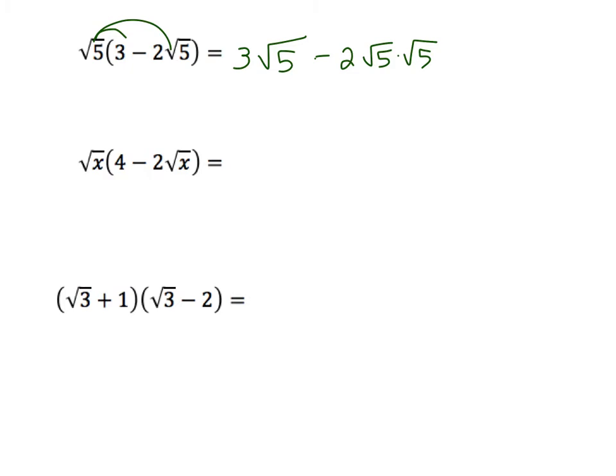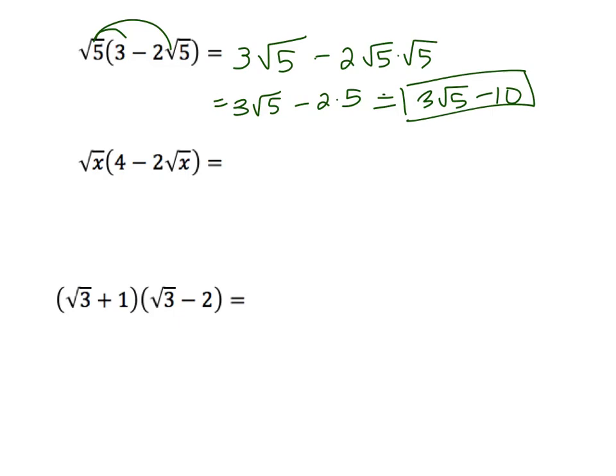We do both inside or both outside. We have two numbers on the inside. We know that square root of 5 times square root of 5 is just equal to 5. So I can just jump to 3 square root of 5 minus 2 times 5, which is going to give us 3 root 5 minus 10.